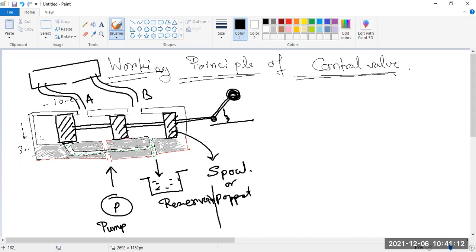Okay, so this is the spool. How is it working? Look, just 1 minute. Now you can see, okay, so it is symbolized like this.